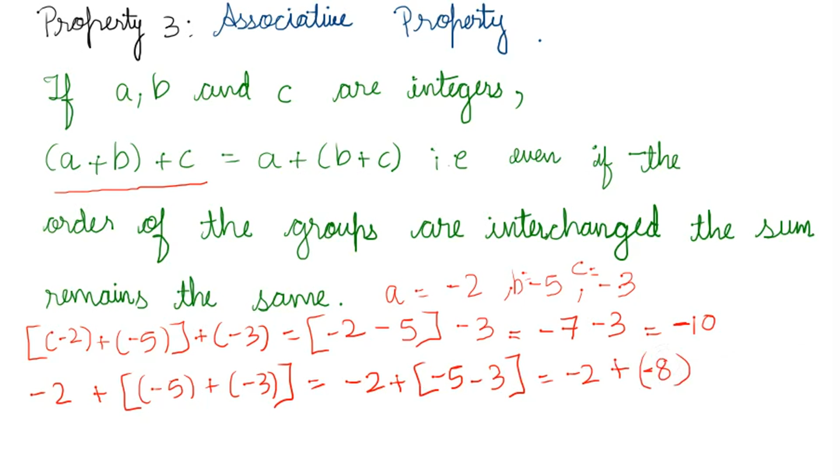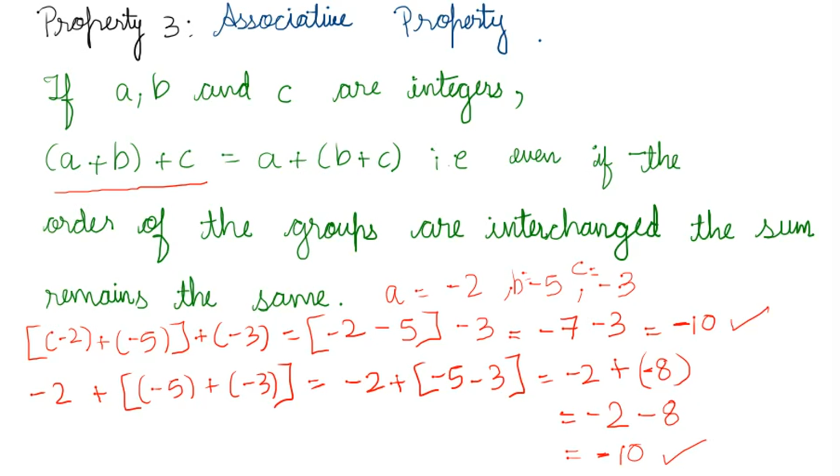Now plus into minus is minus, so you have minus 2 minus 8. Now your signs are the same, so you just add and put your sign in front. You can see both your left hand side and right hand side give the same answer. So the associative property for addition of integers also holds good.